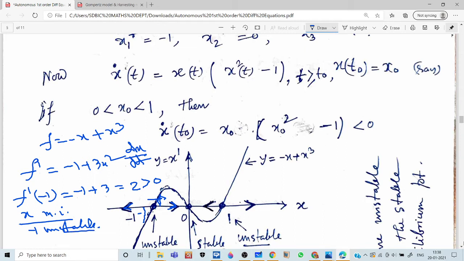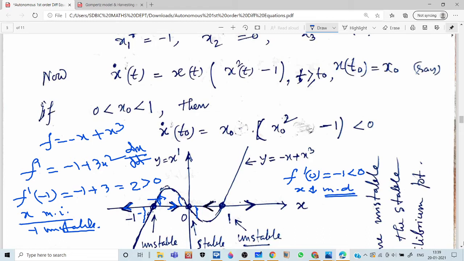And then f' at the point 0: this is less than 0. Less than 0 means the left-hand side of 0 is positive and the right-hand side of 0 is negative, so this function x is monotonically decreasing.